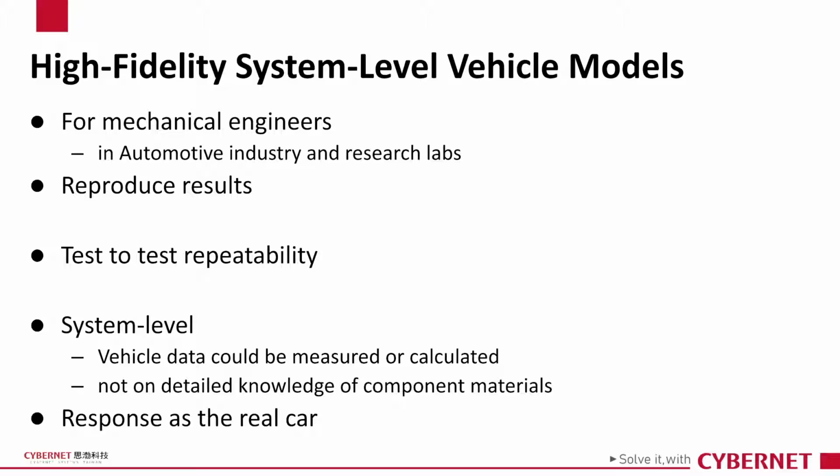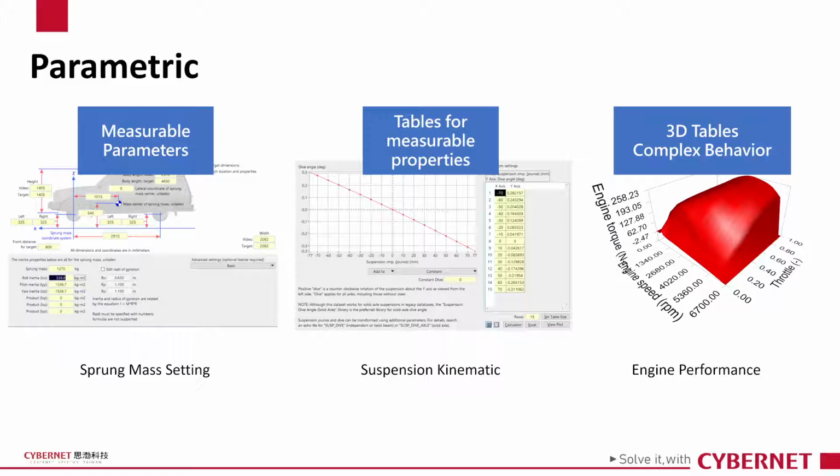There are outputs that you could get from KNC rigs or detailed suspension models in programs like SuspensionSim and ADAMS. We could also build 3D tables for complex models like powertrain. Here is an engine map giving engine torque as a function of speed and throttle. We have this as part of an internal combustion engine powertrain.